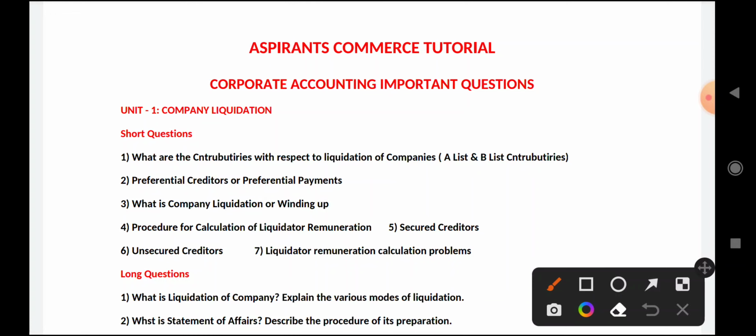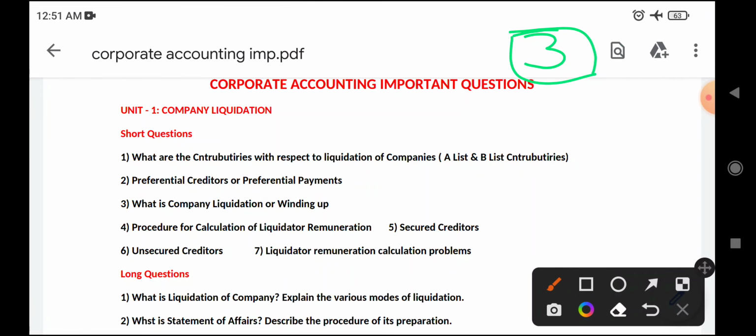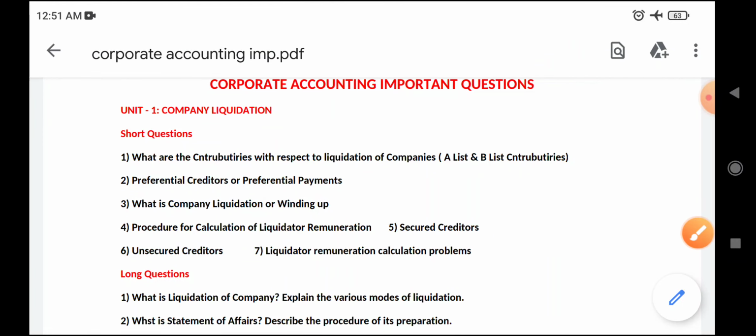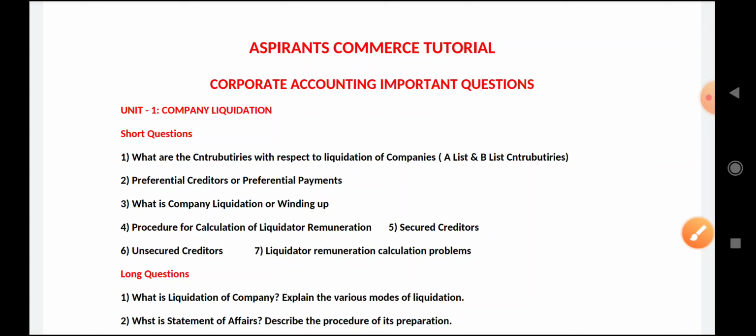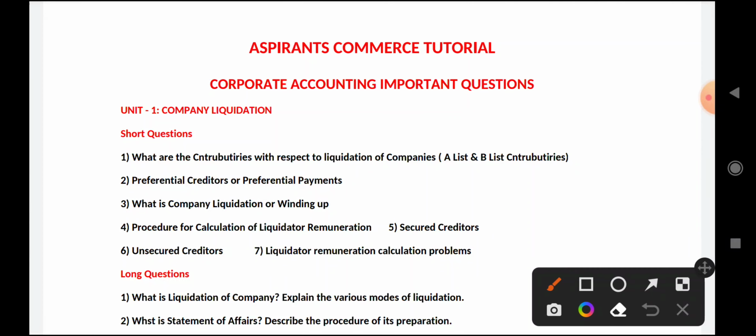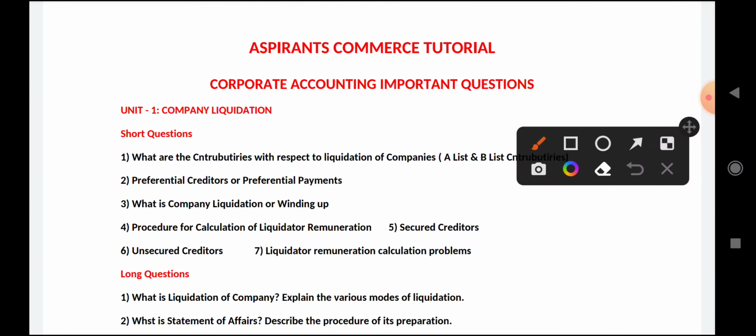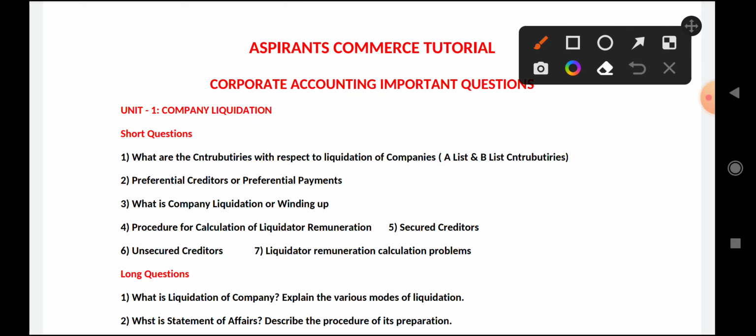Important questions. Okay, so first of all, please remember, any 3 units you should be perfect. Those 3 units you need to identify and be perfect. My suggestion for that purpose is, one is company liquidation, which is easy as compared to other topics.